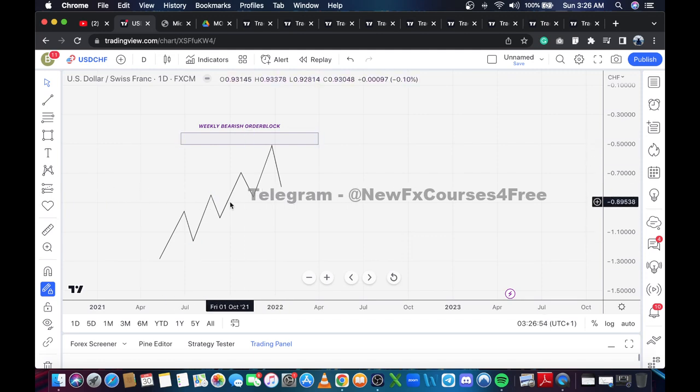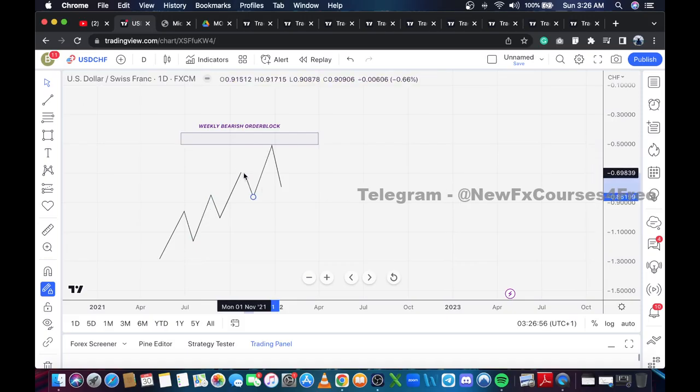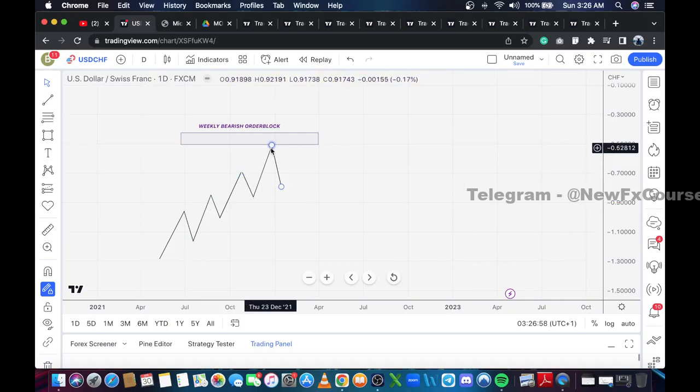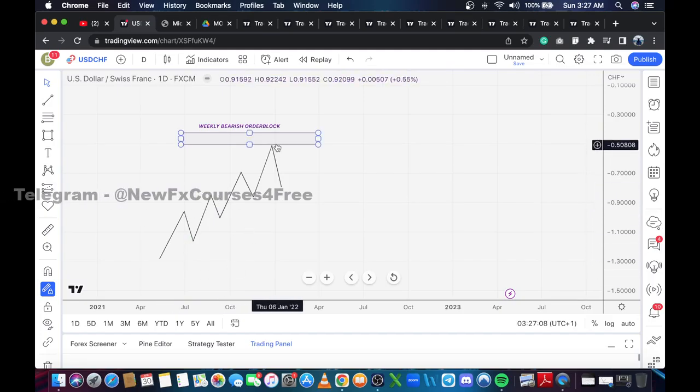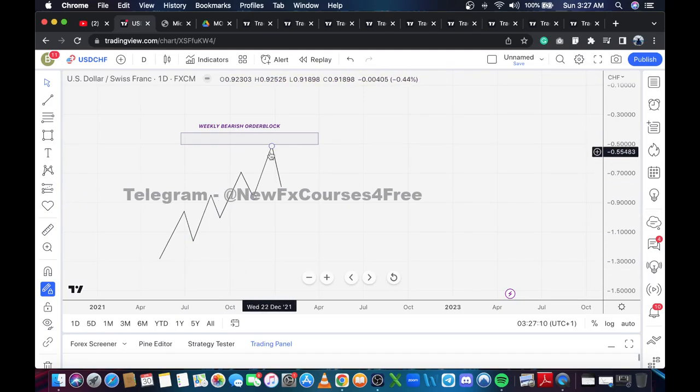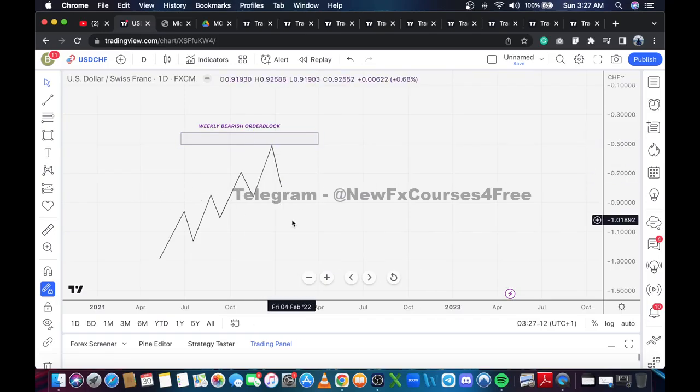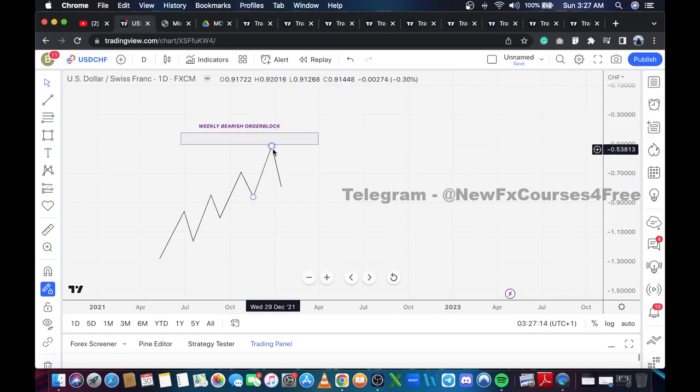Remember, the funds are trend following by nature. They tend to follow the trend until there's a shift in the trend. So as we approach our institutional premium, we're anticipating a sell-off, and we see the market fall just a little bit short of that premium.